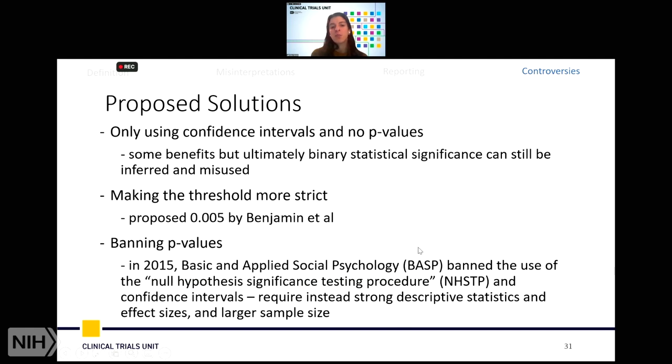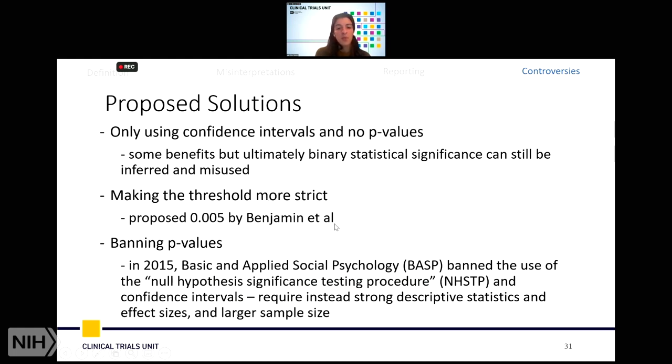But there are some benefits, because as I alluded to earlier, it forces you to stay in the scale of your variable. When we're talking about confidence intervals, we're talking about the range in the original scale of your data, not p-values, which are really just different statistics. So it keeps people focused more on your effect size. So, pros and cons to this approach.